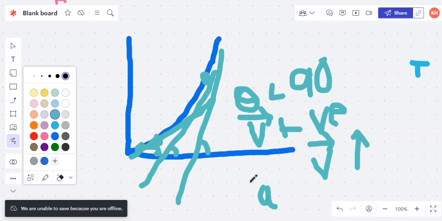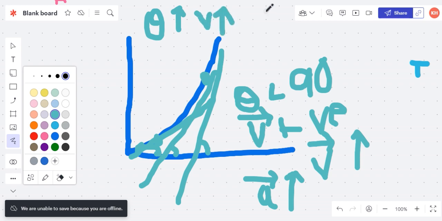So from this we can interpret that if theta increases, velocity increases, and acceleration increases. Both are in the same direction.